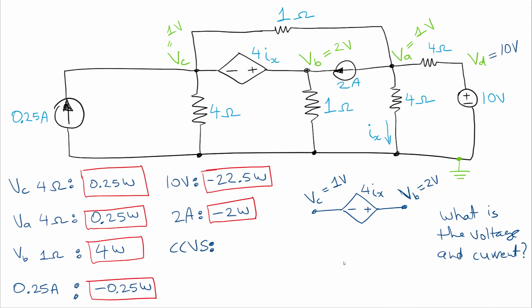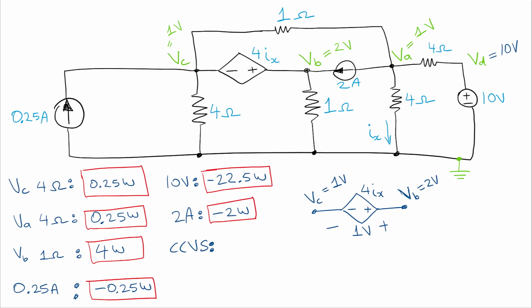Okay, so now let us do the current controlled voltage source. So that is this guy over here. Okay, so now what do we know? We know the voltage on one end of it, VC is equal to 1 volt, and VB is equal to 2 volts. Okay, so we know the voltage across it. So we know that that's 1 volt.